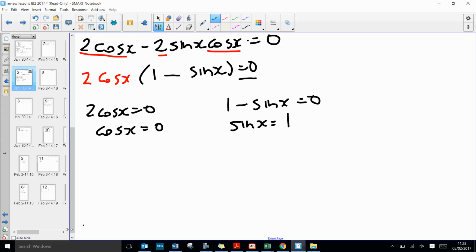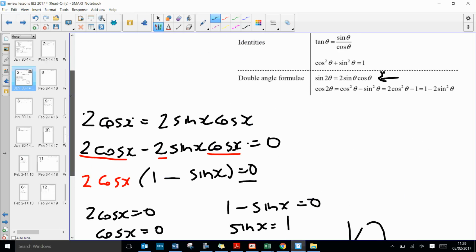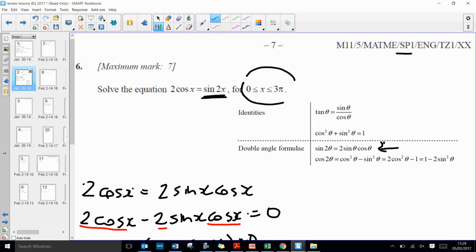Now it's on a non-calc paper, and my suggestion has always been to remember what the graphs look like. So I'm going to quickly sketch the sine curve and the cos curve. What we do need to do is check the range of values we're looking at. So obviously we're in radians because it's in terms of pi.